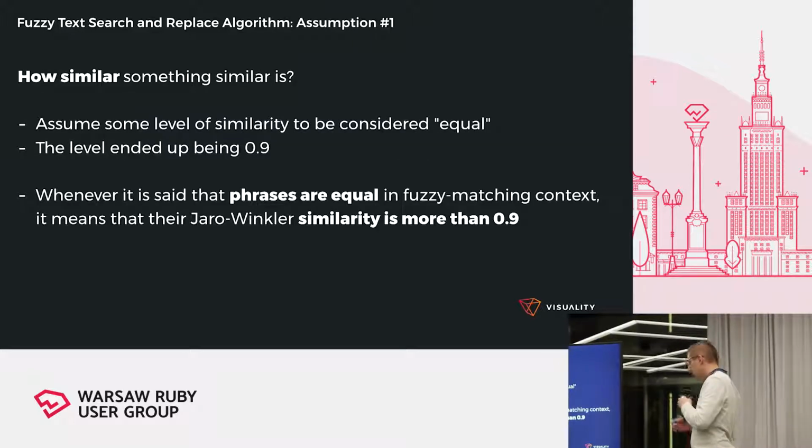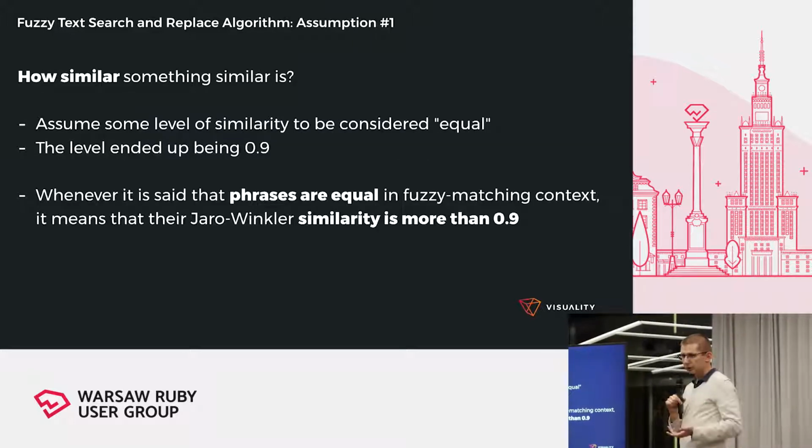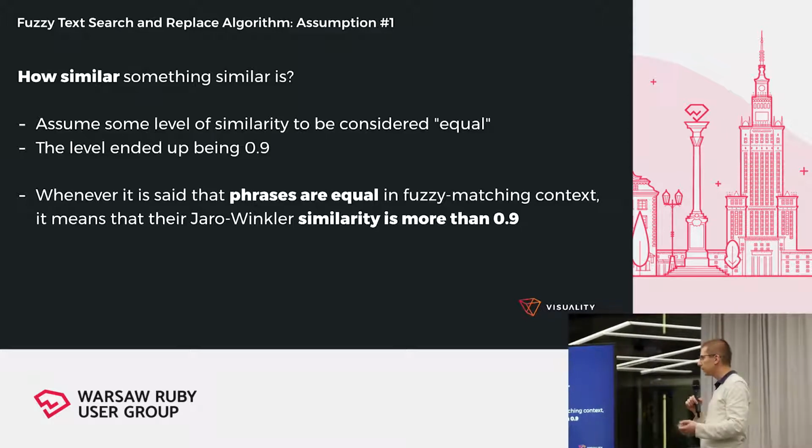Before we get to the actual algorithm, let's make two assumptions. First of all, how similar something similar is. As I said a second ago, we are going to find similar phrases. But what level of similarity should mean equal for us? If we are looking for a similar phrase, what should interest us?